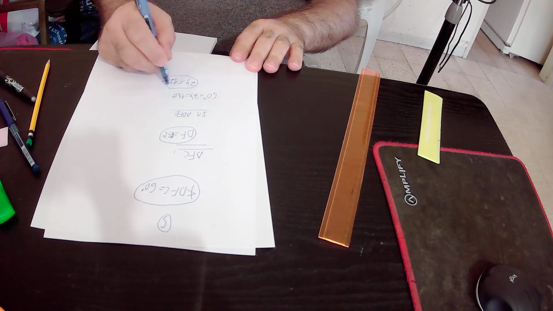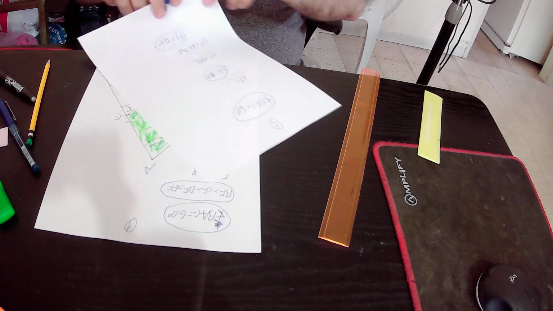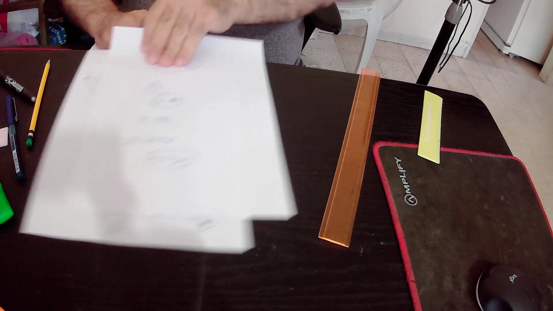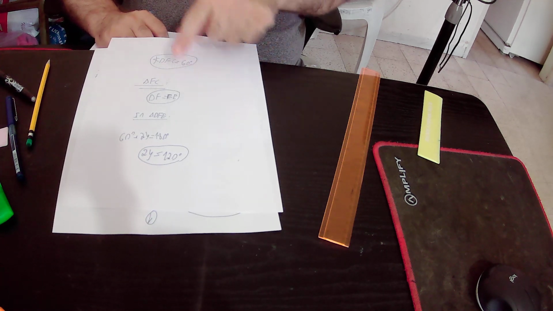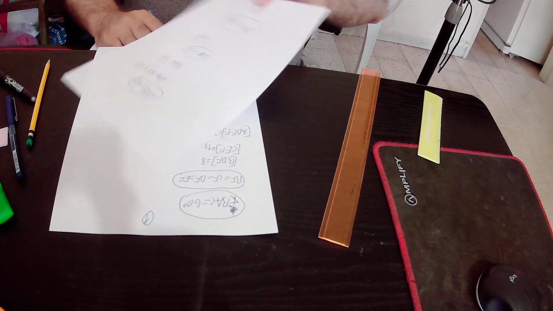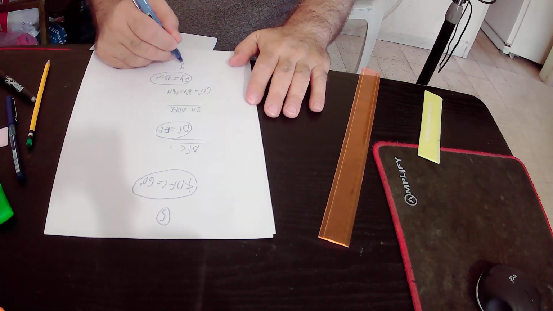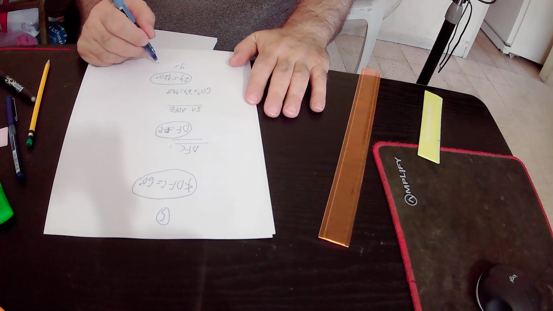So we found out that 2y equals 120 degrees. Here we will now divide this equality by 2 in order to get the value of y. So y will be equal to 120 degrees over 2, which is 60 degrees.